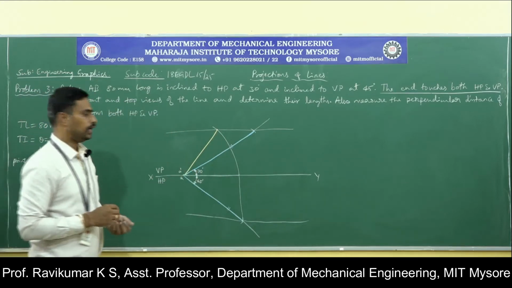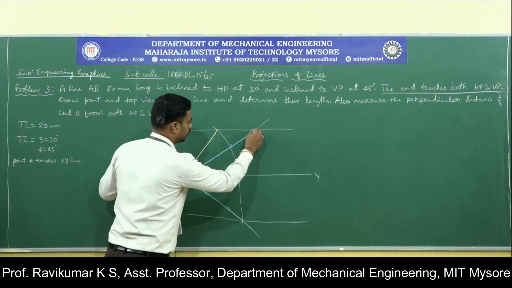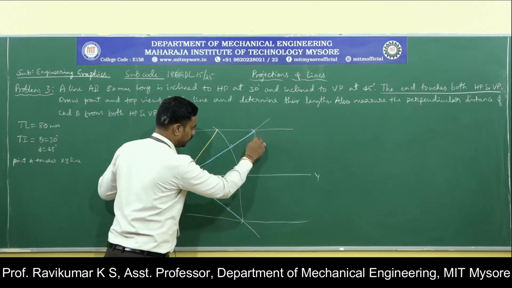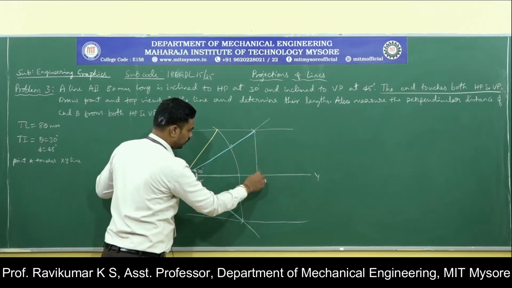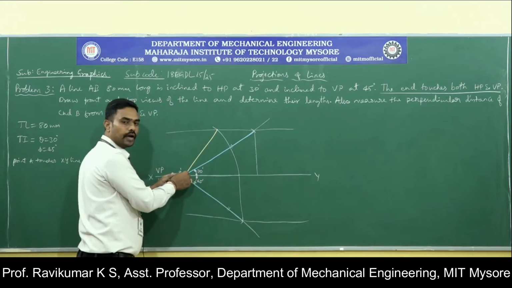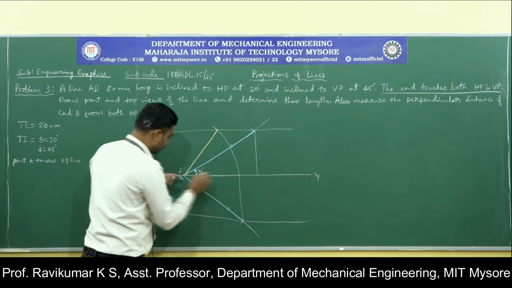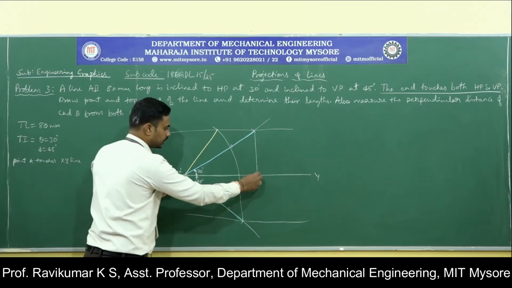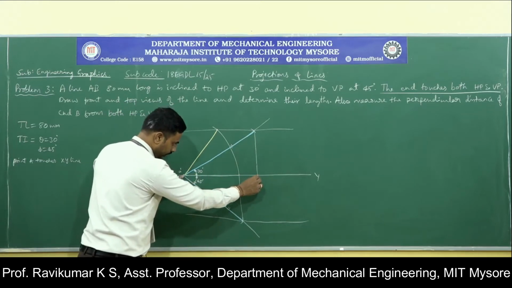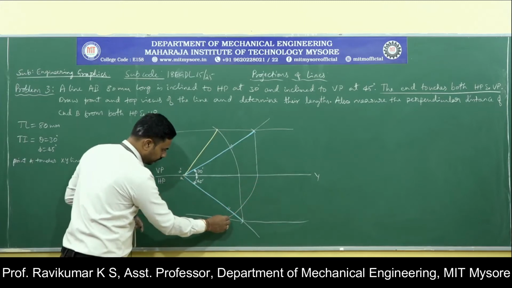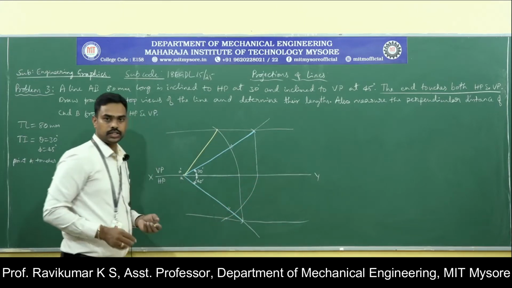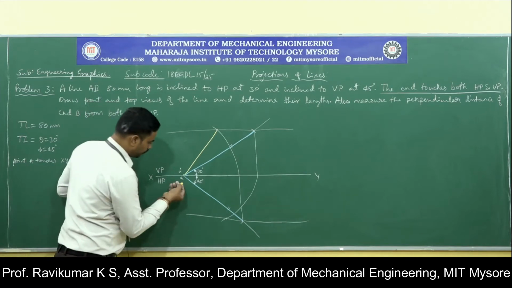Similarly, you project a line from the true length here until it appears parallel to the xy line. Then you rotate it back with radius A and this point, until it cuts the locus of point B in the top view.